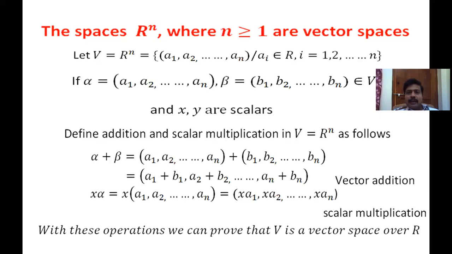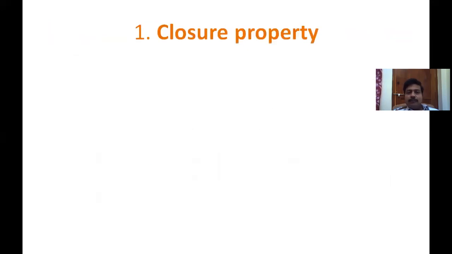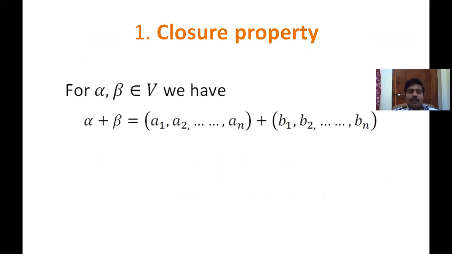All the 10 axioms. So first one, closure property with respect to vector addition. For alpha, beta belongs to V, we have alpha plus beta is equal to, this is alpha and this is beta. We have already seen this in the definition of vector addition.